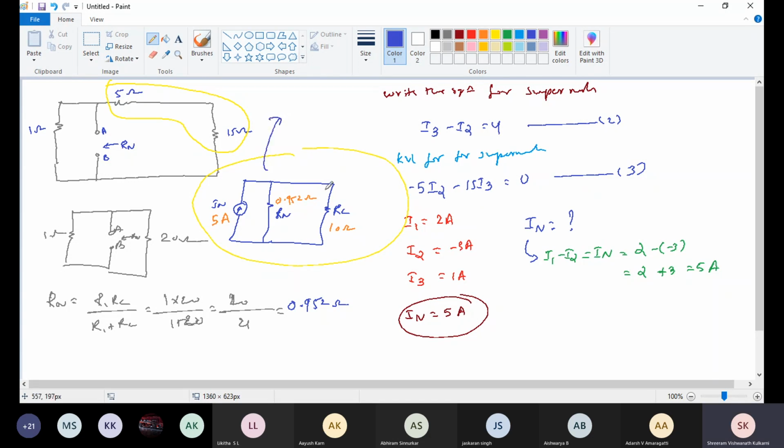Now find IL, the current flowing through RL. IL equals current division.